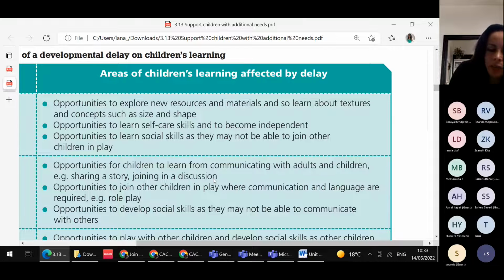Second thing, they will have fewer opportunities to develop their social skills. Why? Because this child may not be able to join other children to play certain games. Also, they would have delayed or fewer opportunities to explore new things, new materials, new textures, because maybe they can't see, maybe they can't smell, maybe they can't touch. So all this would affect their development.